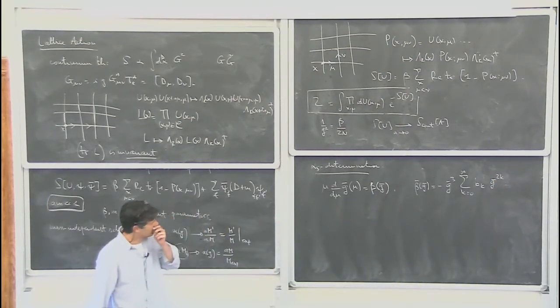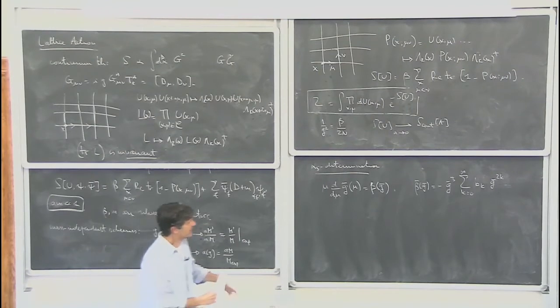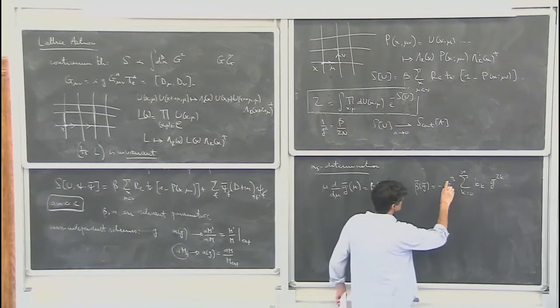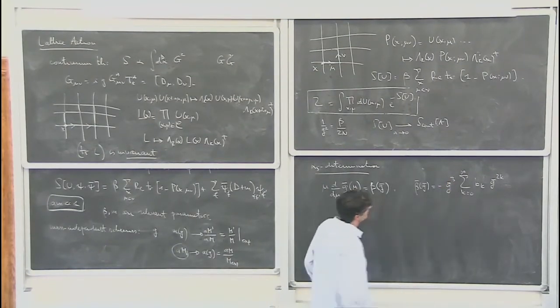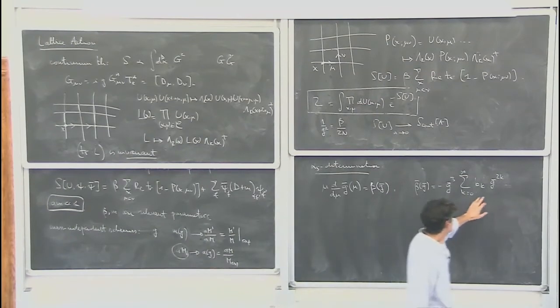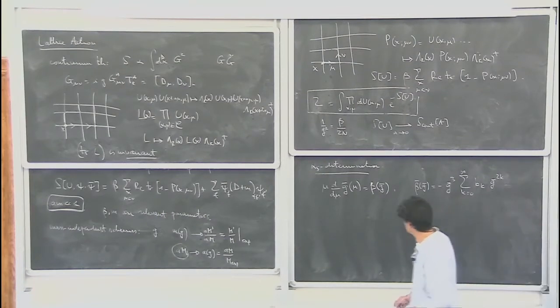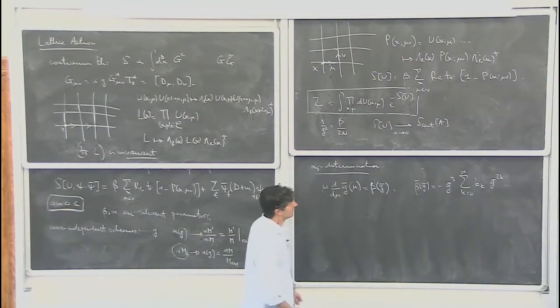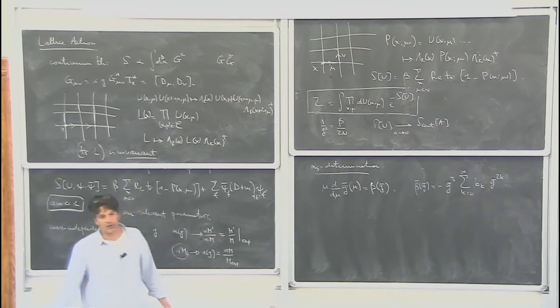So the beta function in perturbation theory starts at order g bar cubed. It's not a minus 3 power, it's g bar cubed. And then there are corrections that come in powers of g squared. So if you know an initial condition, you're done.